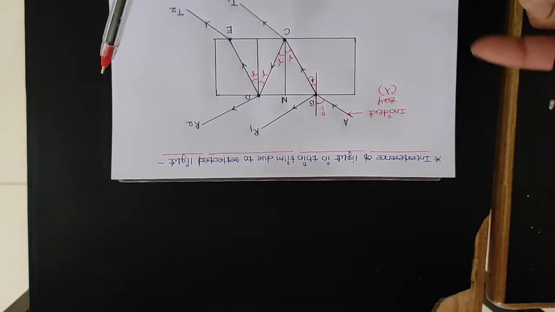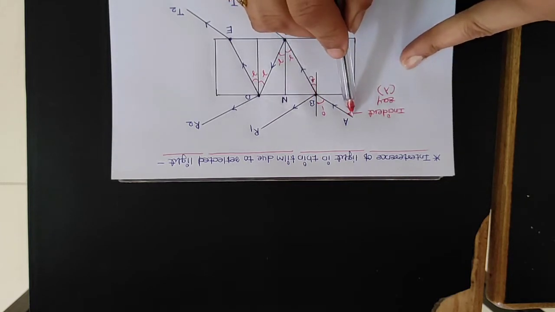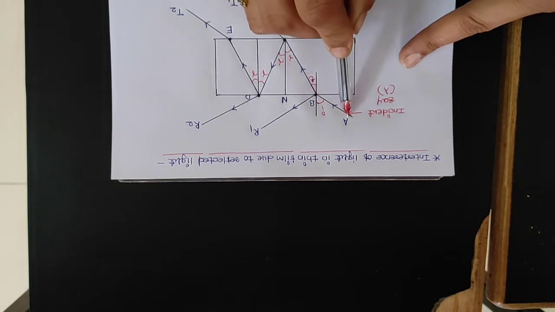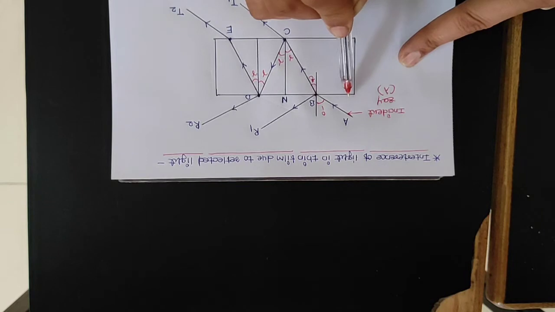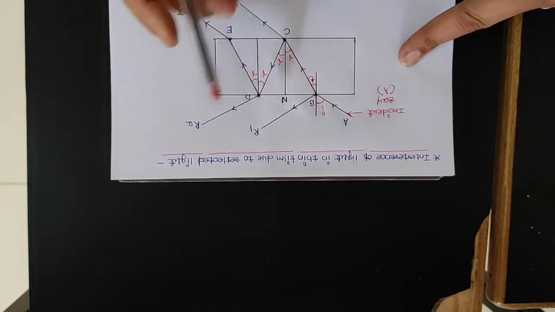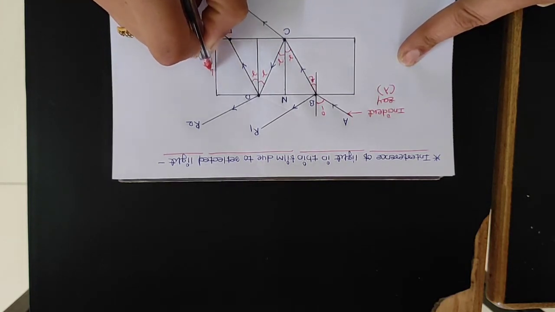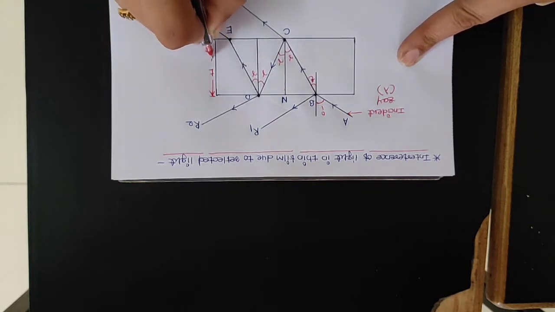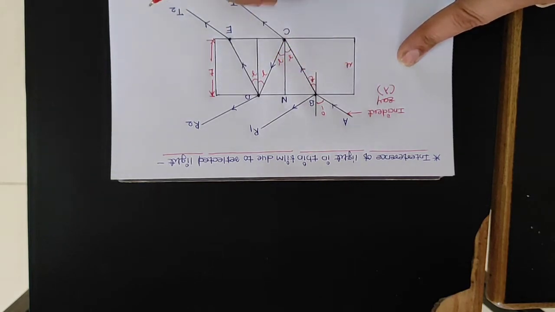Okay. Now consider a ray of light AB. Here is the ray of light, that is incident ray AB, having wavelength lambda, incident on upper surface of the film. Now this is T, that is thickness of the film, and mu be the refractive index of the film.